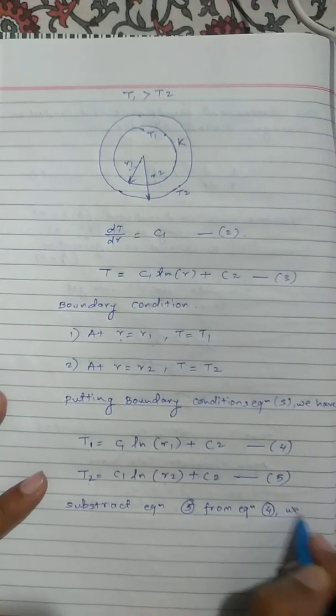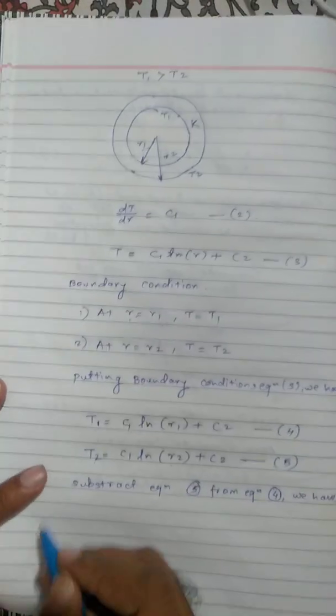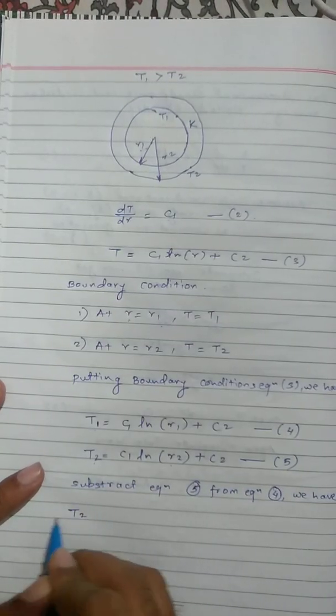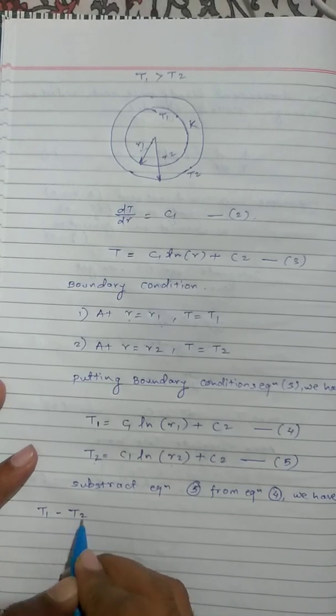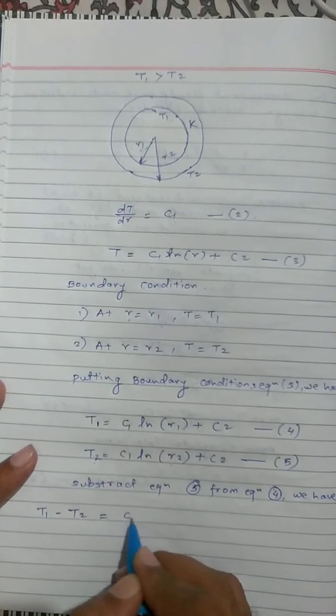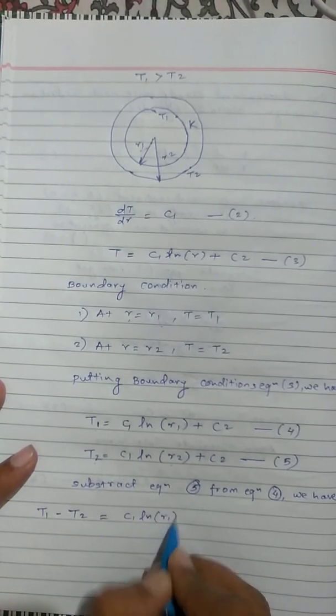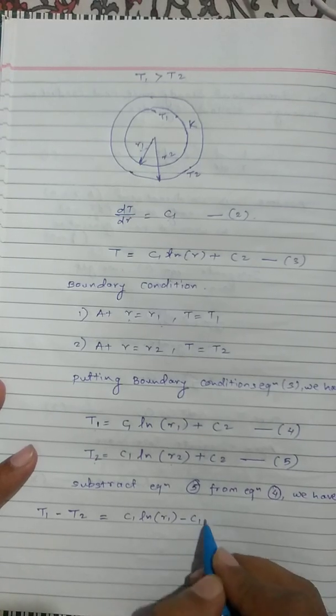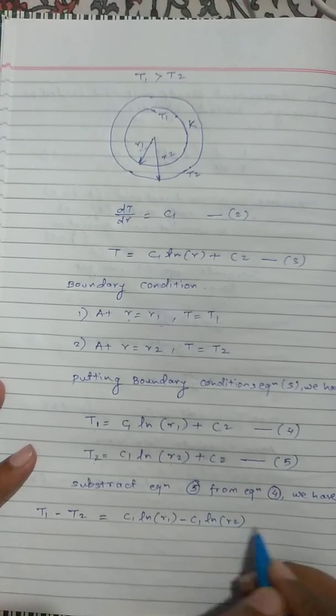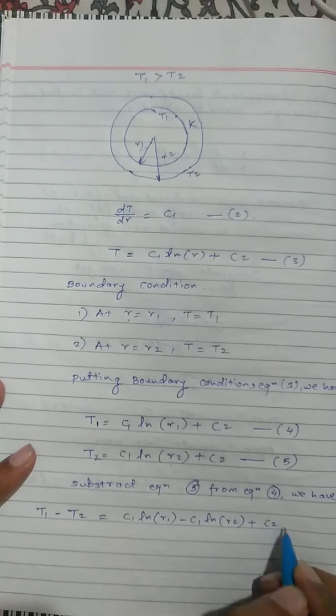We have T1 minus T2 equal to C1 ln of r1 minus C1 ln of r2 plus C2 minus C2.